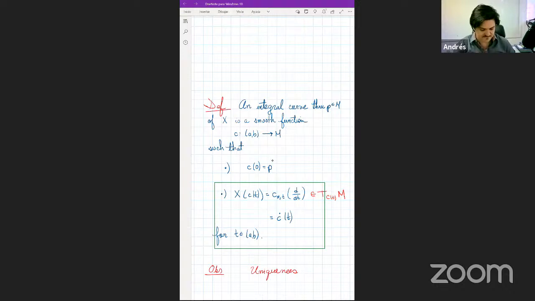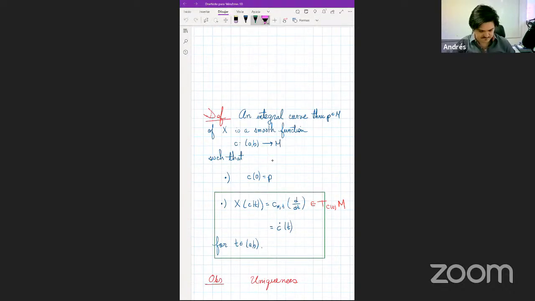So I have a vector field on a manifold M, and then we define what is an integral curve. It is a smooth function defined on some open set on the reals. We have an initial condition that will be the appropriate way from differential equations, or a normalization condition.